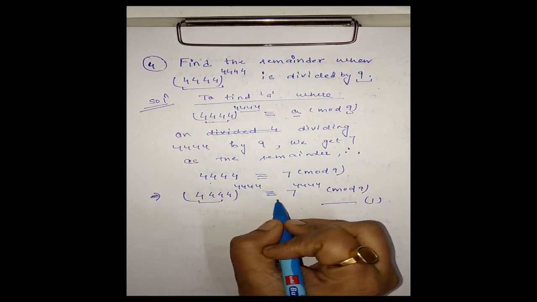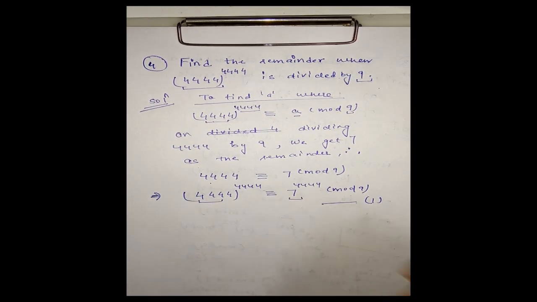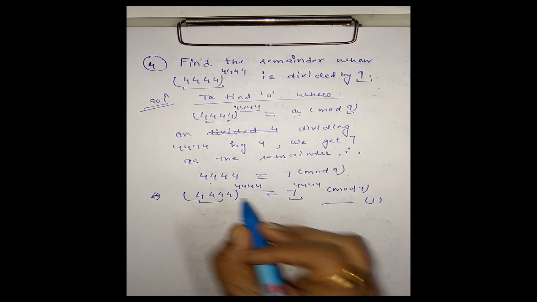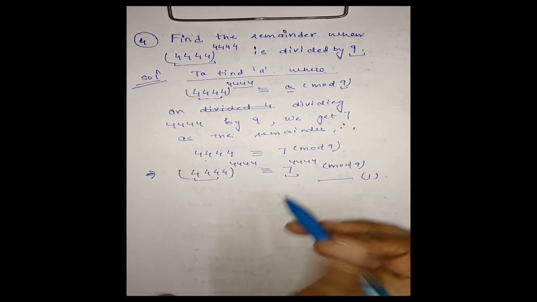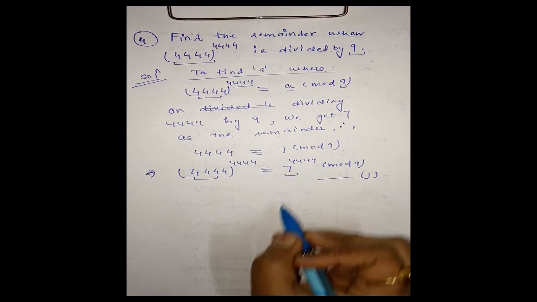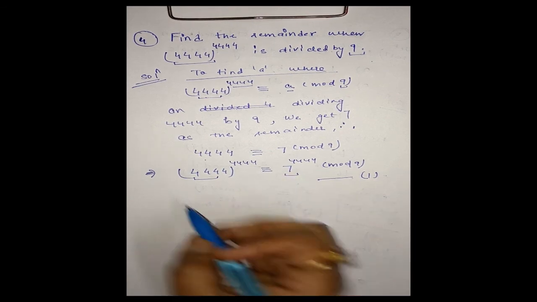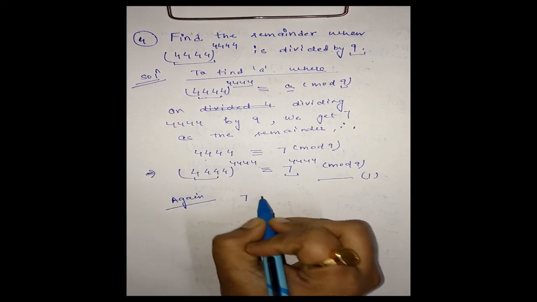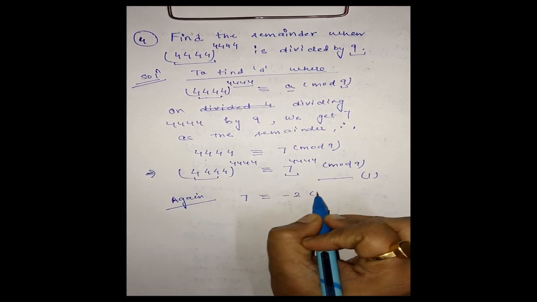Now from this number we are here at 7, and this number is very small compared to this. Now we'll again reduce this congruence. Again, 7 is congruent to minus 2 modulo 9.